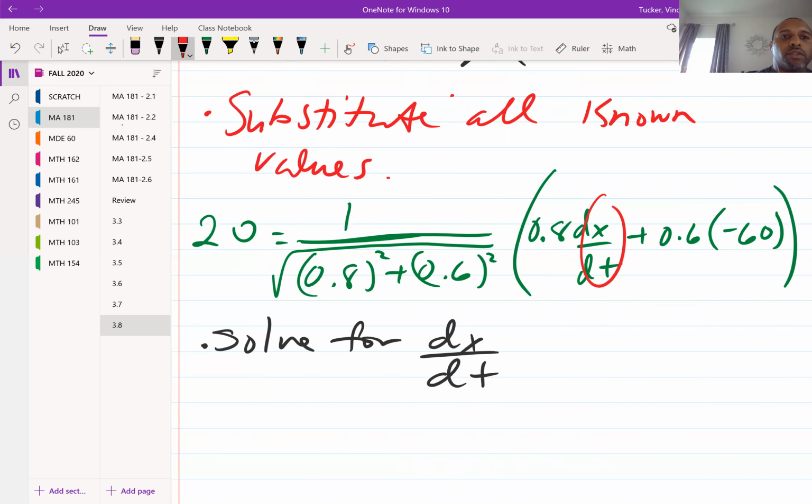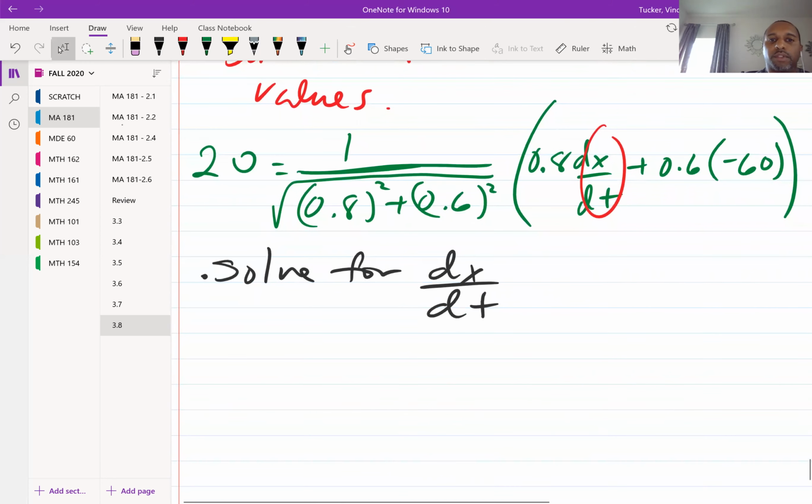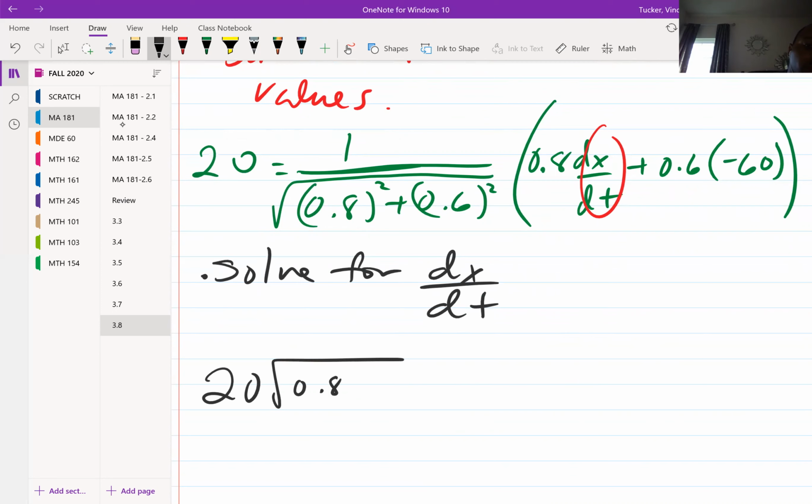So what we can do is multiply both sides by the square root of 0.8 squared plus 0.6 squared. So that will give us 20 times the square root of 0.8 squared plus 0.6 squared. Let me go ahead and simplify what's under that radical.